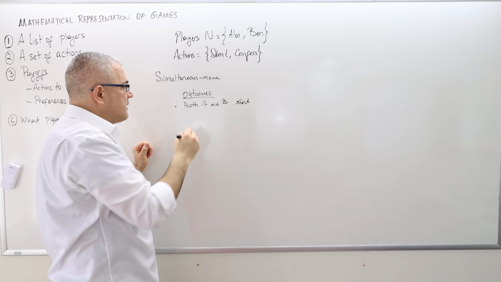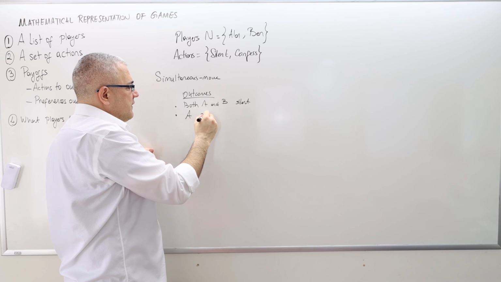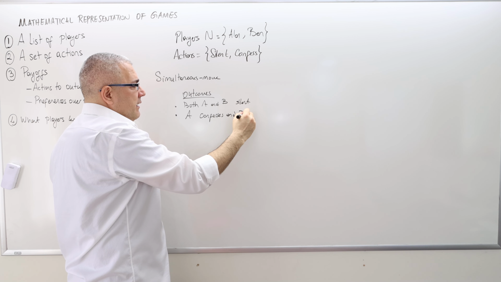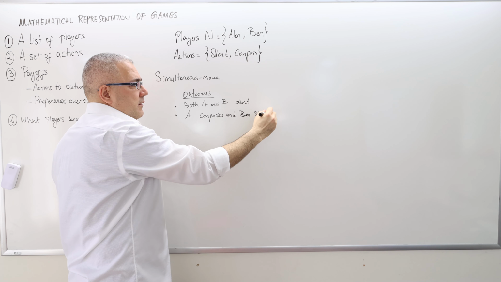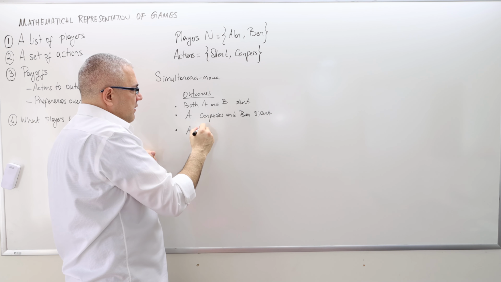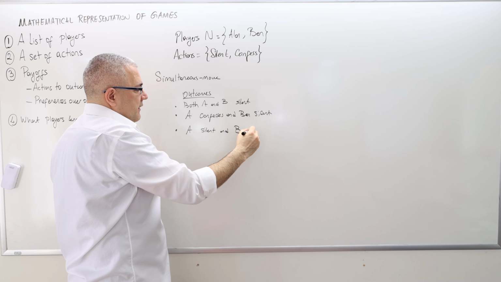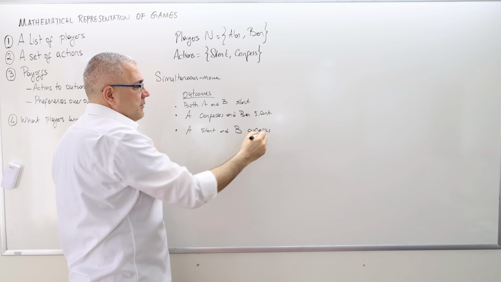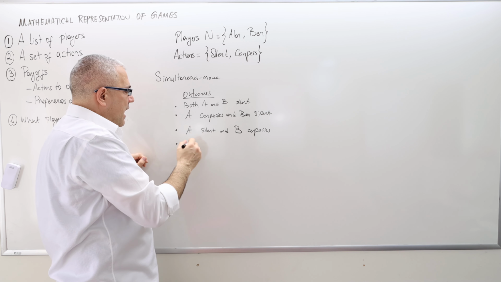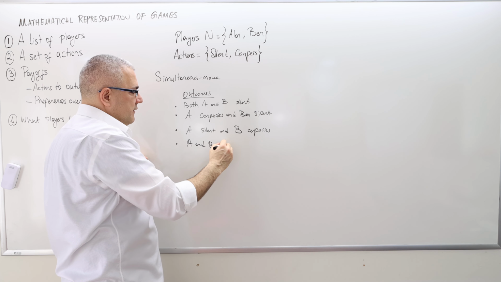Okay, they both remain silent. Well, Alan confesses and Ben remains silent. Okay, or Alan remains silent, and Ben confesses. Sometimes I write Ben, sometimes I write B. Sorry, don't be confused. And both A and B confess.